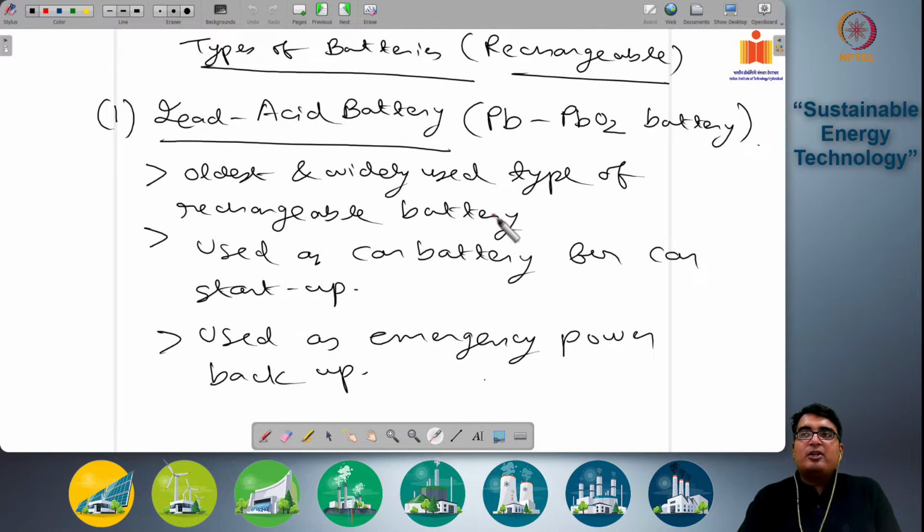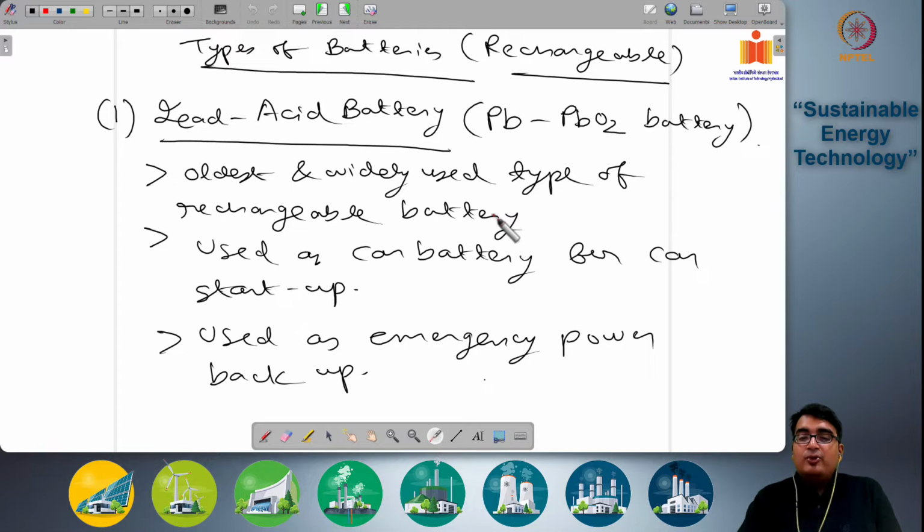Specifically, this is used for spark ignition type IC engines, where an initial spark is required to ignite the fuel in the cylinder chamber of the car engine. And this spark was given by a battery system, and that car battery is typically a lead acid battery.